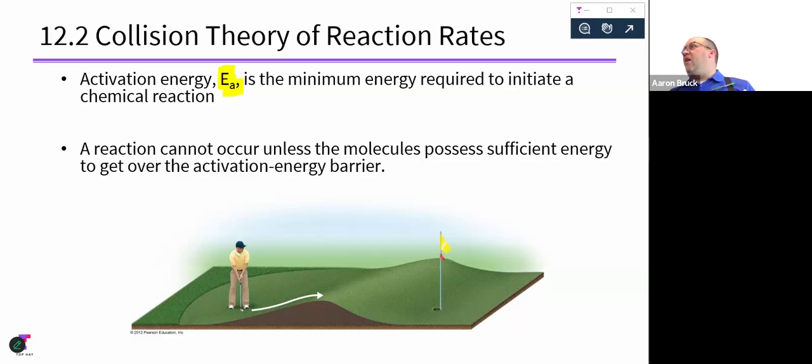There is a certain amount of energy that is necessary to overcome. It exists in all chemical reactions. The main difference between some reactions and others: how big is that energy hill that you have to climb? If it's relatively small, like in a combustion reaction, it requires very little energy to get it going.